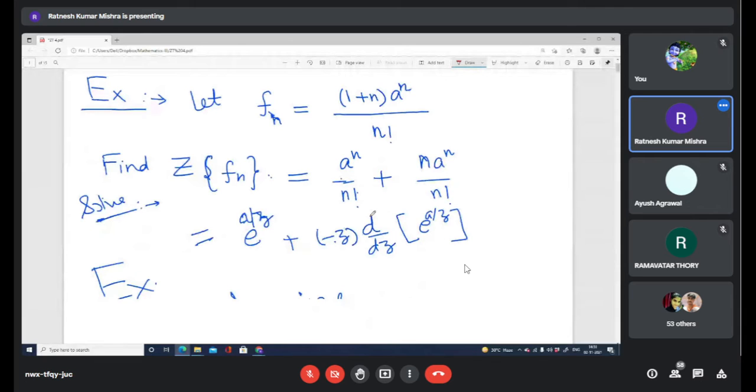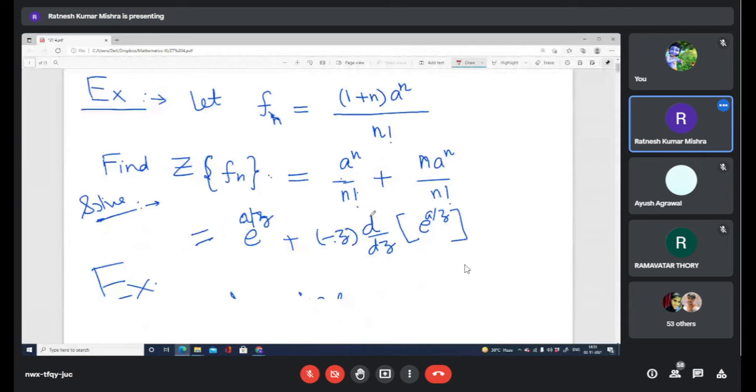Now the z transform of p power n is z by z minus p, and the z transform of q power n is z by z minus q. The first one is denoted by f of z, and the second one by g of z.